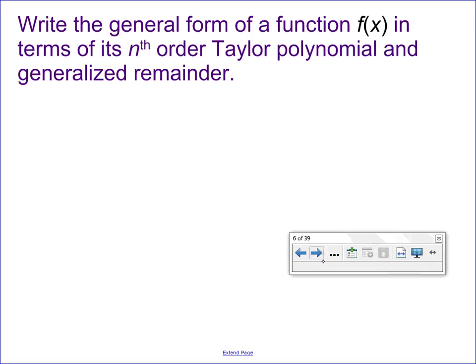All right. So we know that the general form of a function, written in terms of its nth order polynomial and remainder, is simply given by f of x equals our nth order Taylor polynomial, call it p sub n of x, plus the remainder function, r sub n of x.